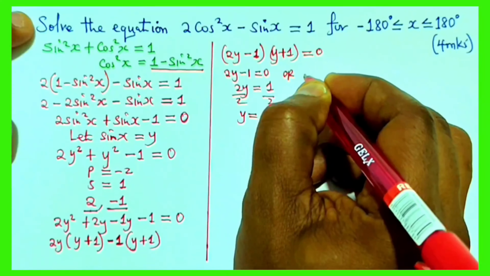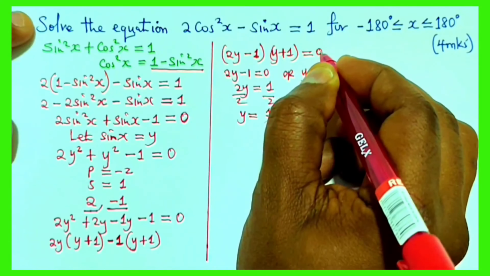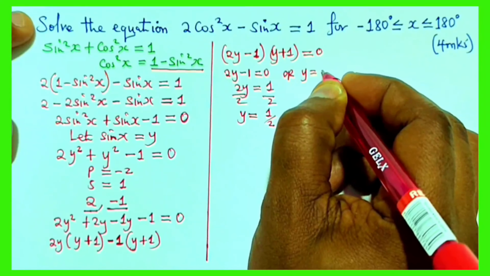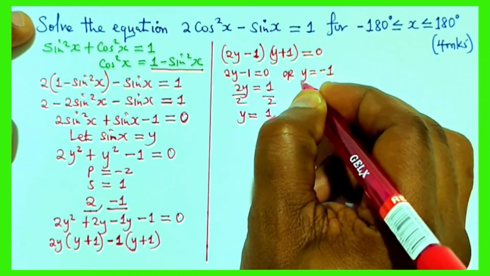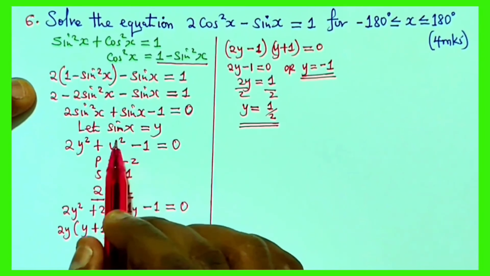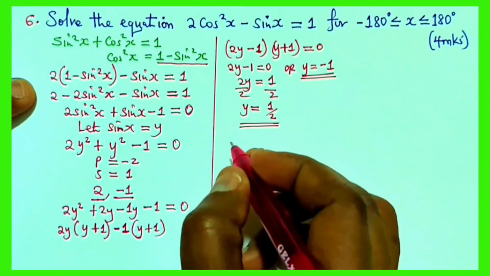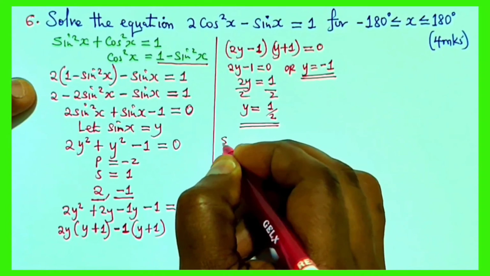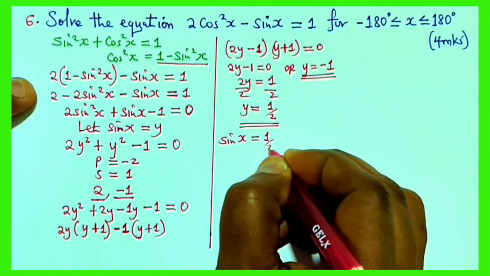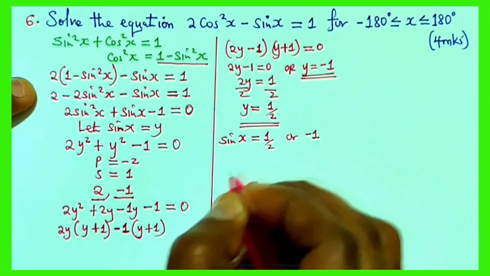Or when y plus 1 is equal to 0, you take positive 1 to the other side of the equal sign, and you get the value of y to be equal to negative 1. Since we had let sine x be equal to y, we can comfortably say that sine x will be equal to a half, or it can also be equal to negative 1.